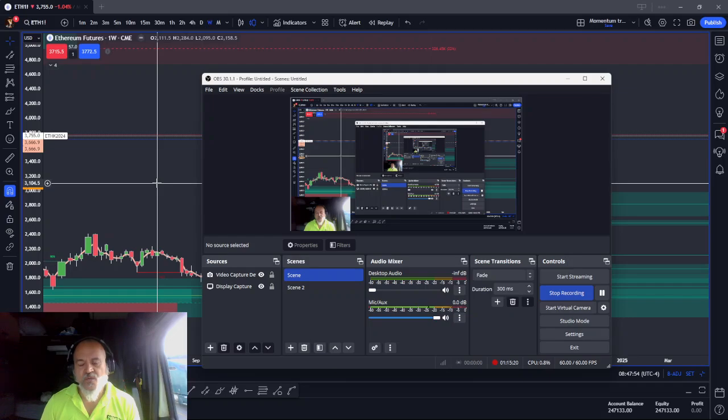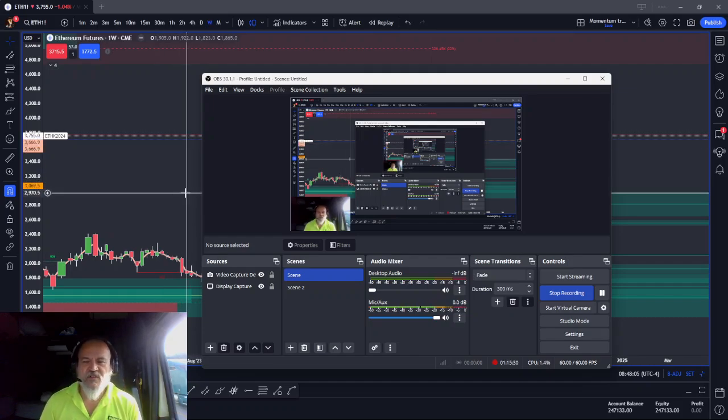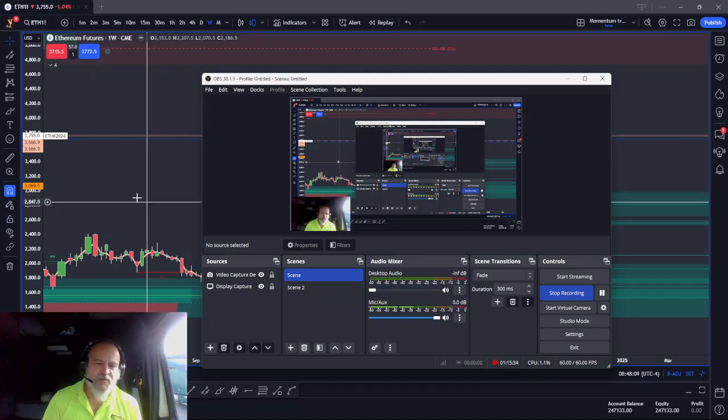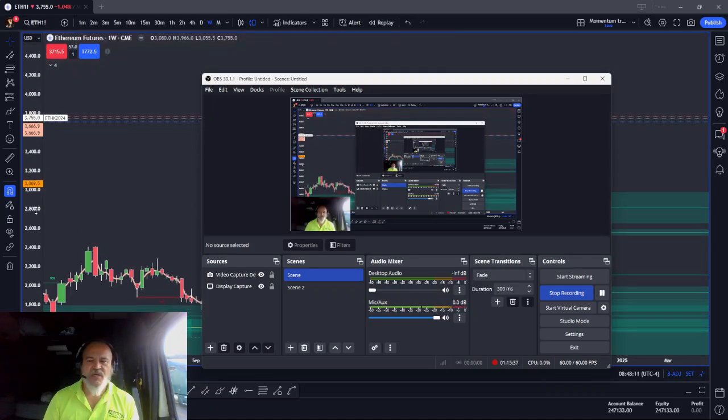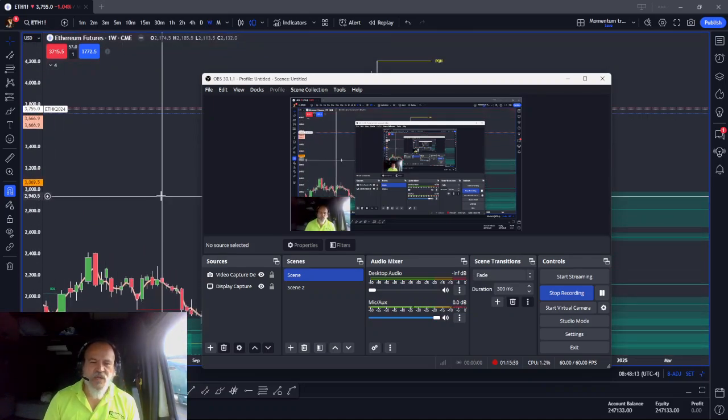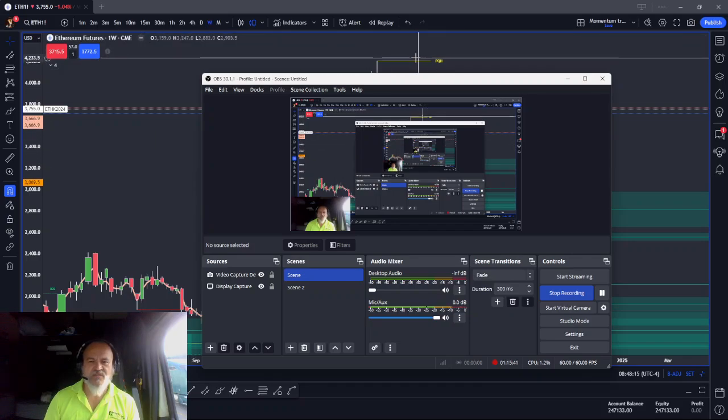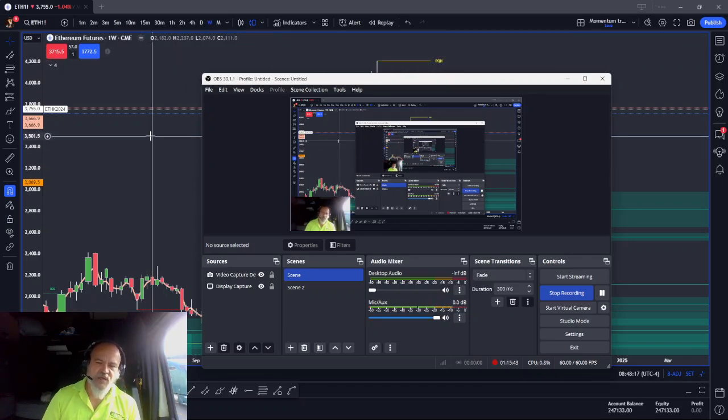Next week, my goal definitely is to be more patient, wait for the perfect setups, not trade just every level that gets hit. Don't trade every fair value gap. Don't trade every breaker block or anything like that. Just wait for these time-based liquidity levels to get hit and see how the market reacts on them, and then possibly take trades from there.